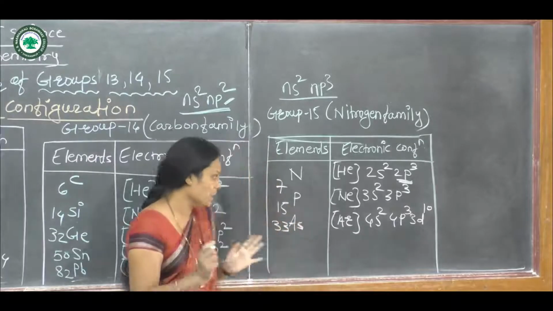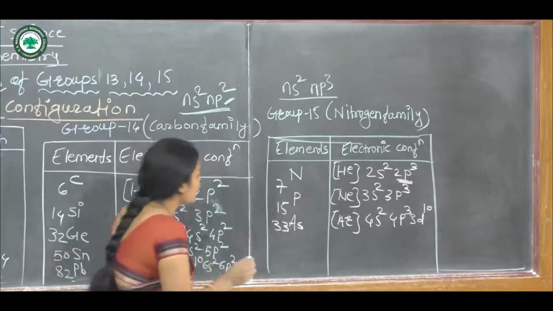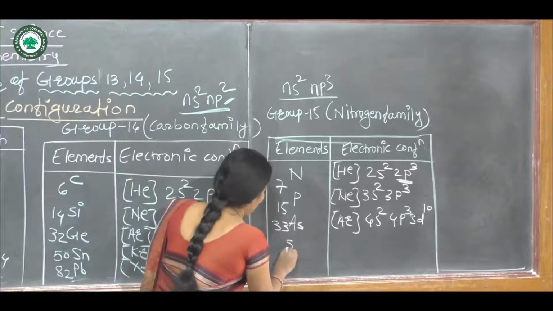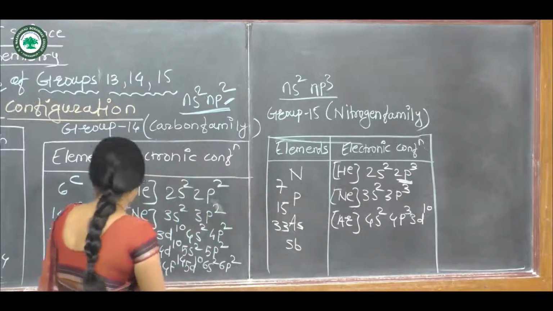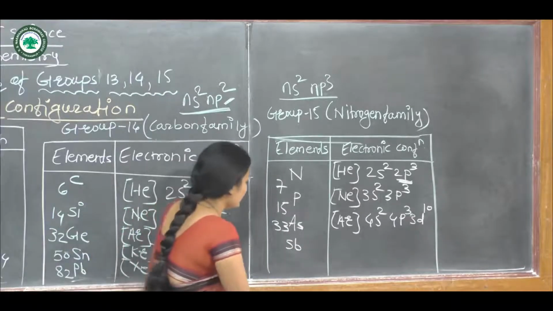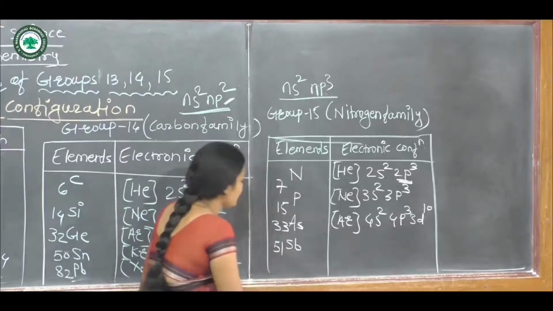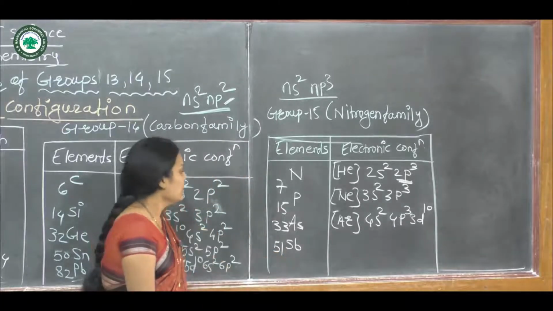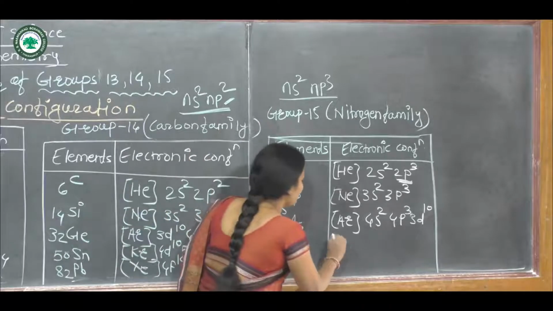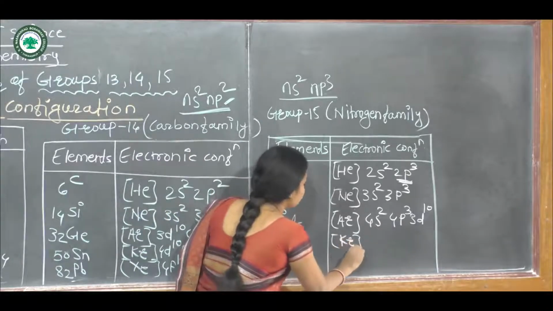Its electronic configuration is 3d10 4s2 4p3. Now the next element is antimony, Sb, and the atomic number of antimony is 51. It's represented by krypton.